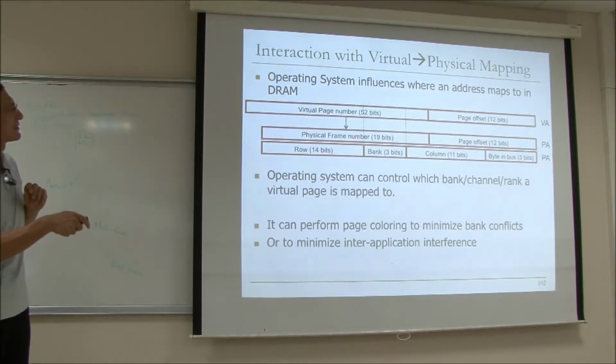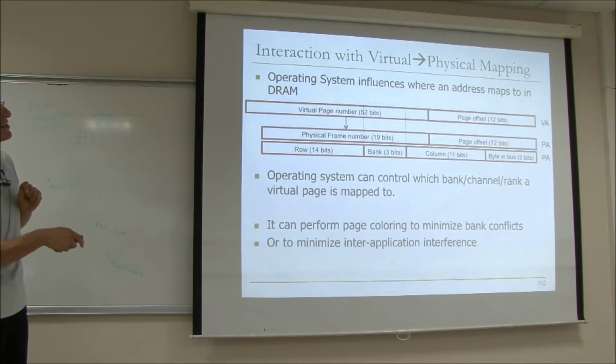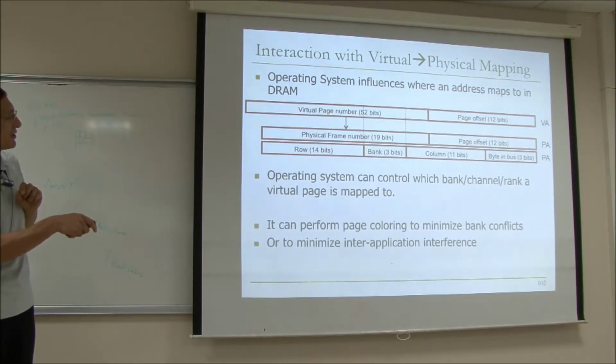So if you look at this virtual address, this gets translated to the physical address. And you can see the physical address as it's decomposed to different structures in DRAM, right? Basically, bank bits are influenced by this virtual to physical address translation, because the bits that are taken from the physical address for the bank come from this virtual page number, right?